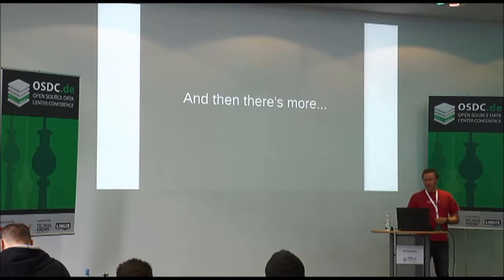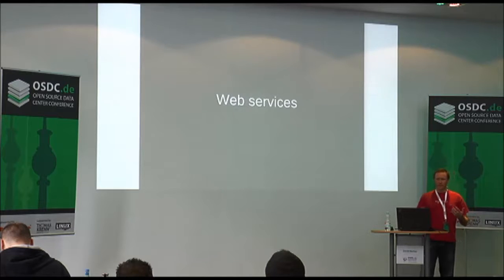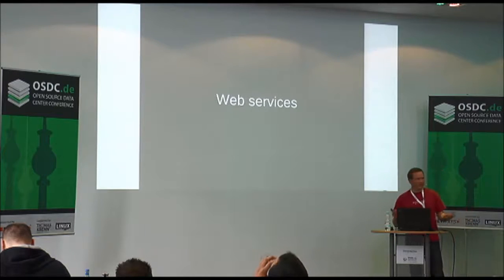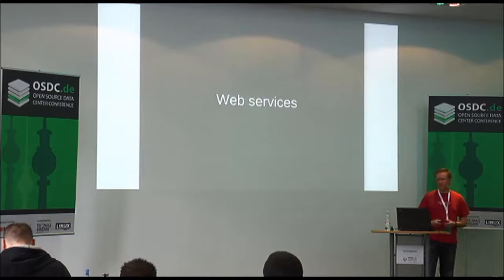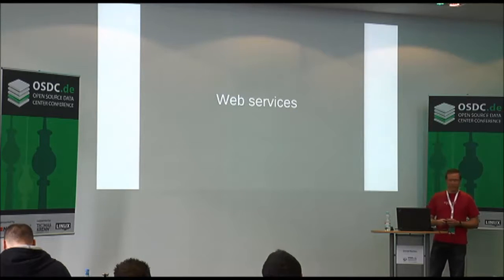So on top of that, there's even more stuff. If you build a database on top of Cassandra and you get those things working, you're probably still going to need to write some web services. The whole reason you're doing this is probably for monitoring, or to have a dashboard, some sort of metrics display of your data.